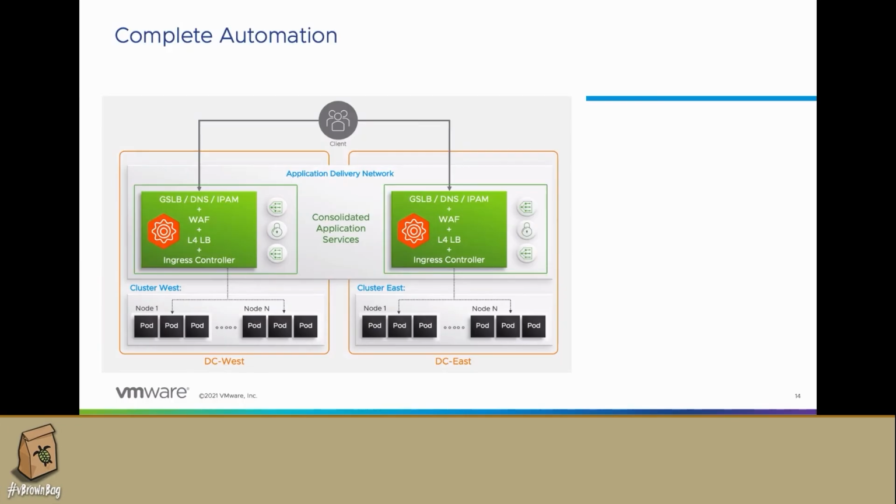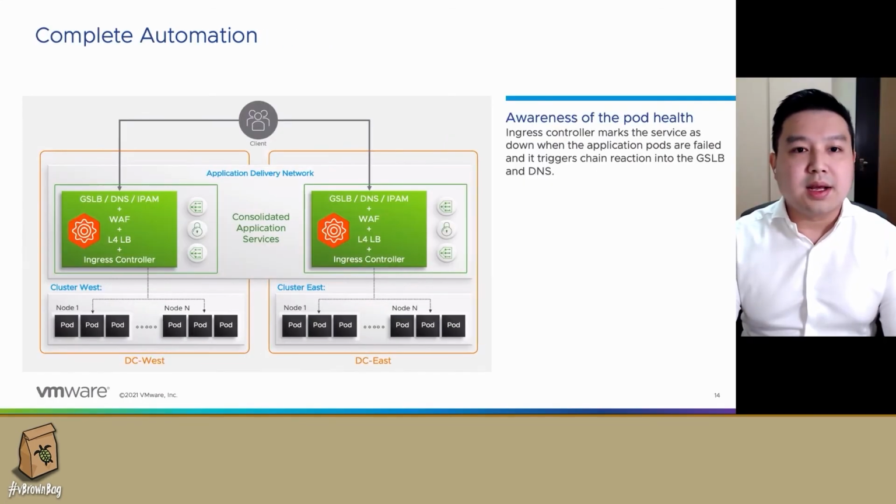The status of the virtual service is also tracked by the NSX Advanced Load Balancer controller platform. The Ingress controller is aware of the health of the application pod. This is the second benefit of NSX Advanced Load Balancer, which is complete automation.